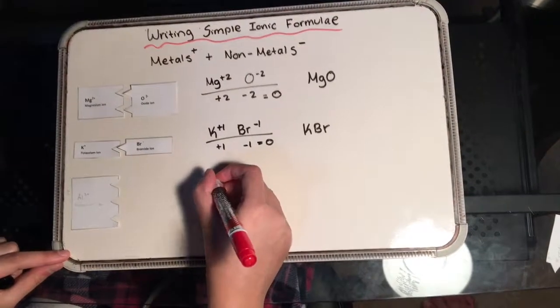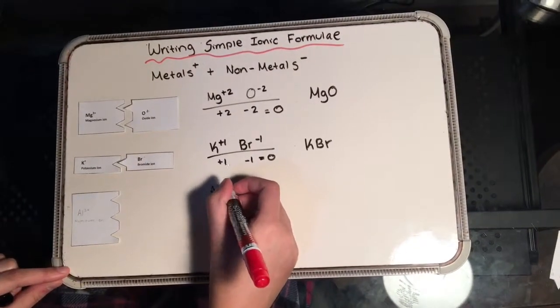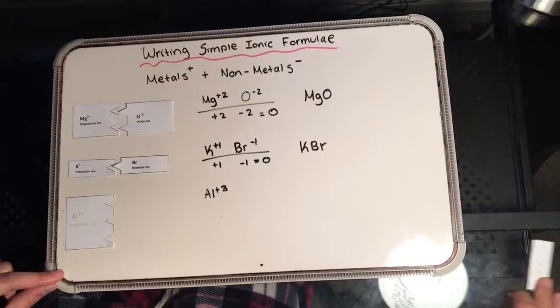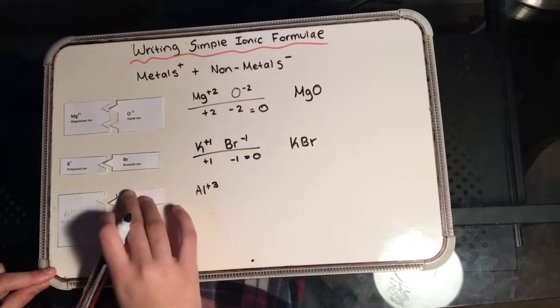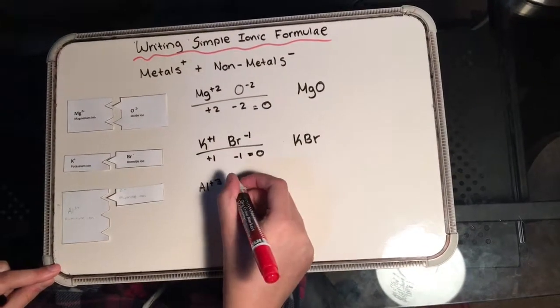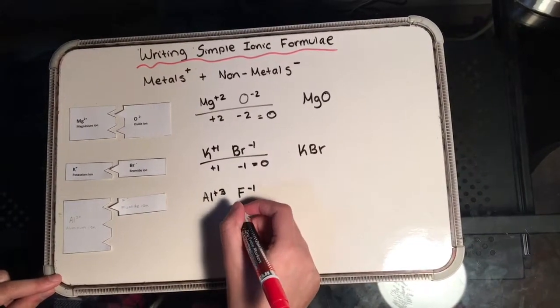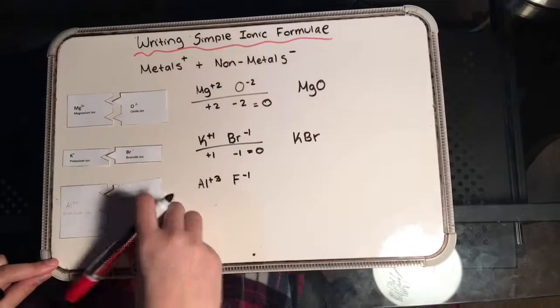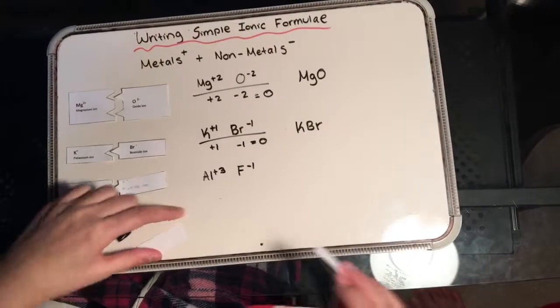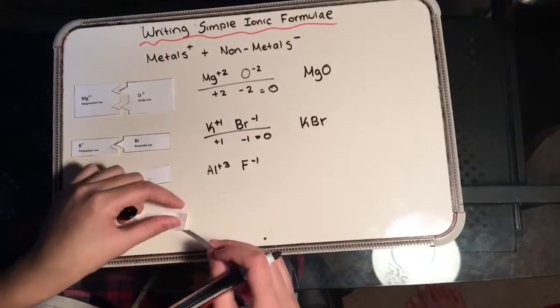Our final compound is aluminum, and it has an ionic charge of +3, and fluorine, which has a charge of -1. To make this algebraic sum equal 0, we need to add 2 more fluorines to this compound.